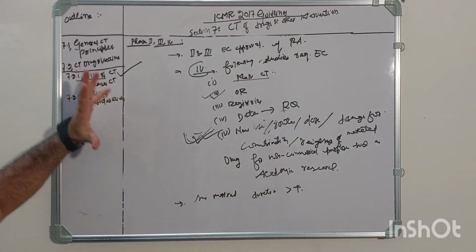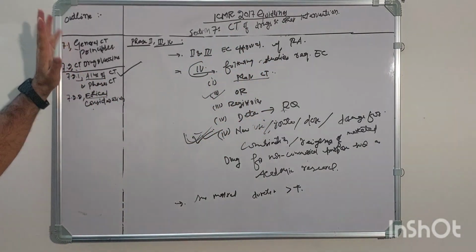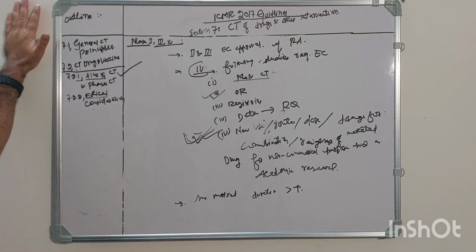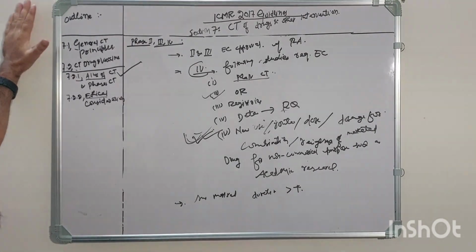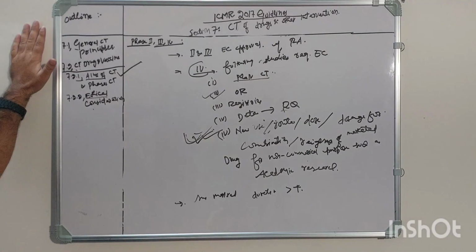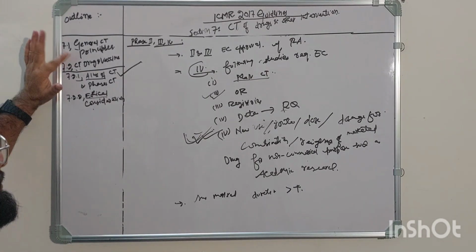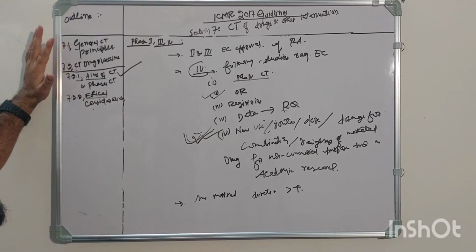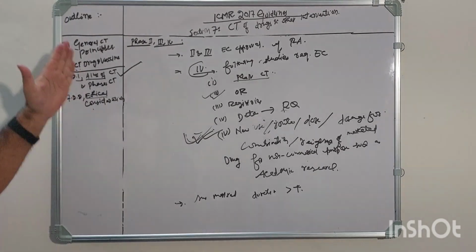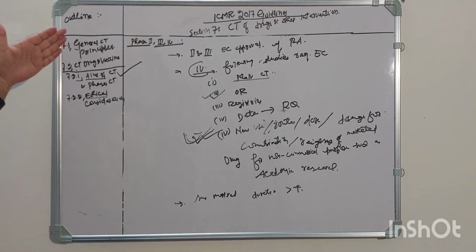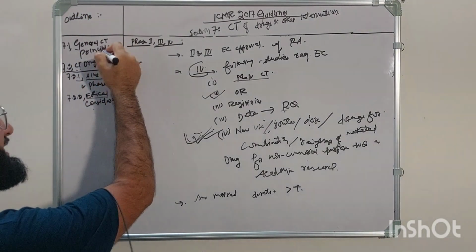First we discussed the general clinical trial principles: what general principles we need to follow during any clinical trial. Then second, we learned about clinical drug and vaccine development. Under this topic, first we discussed the general principles regarding the clinical trial.